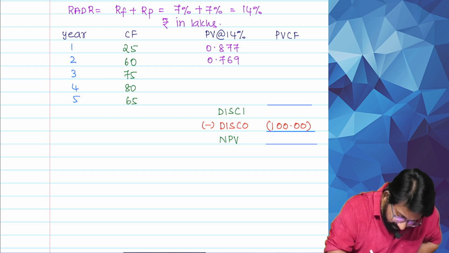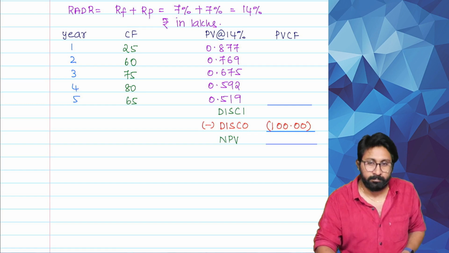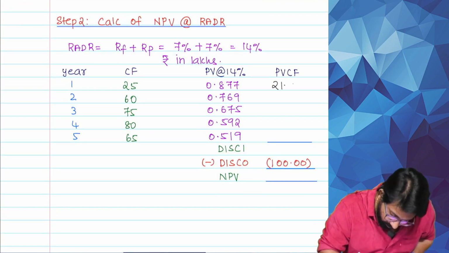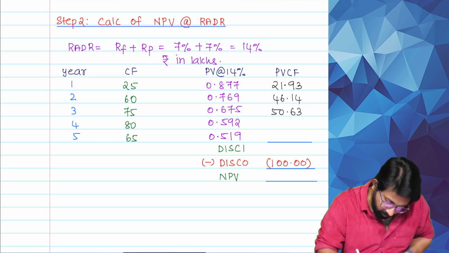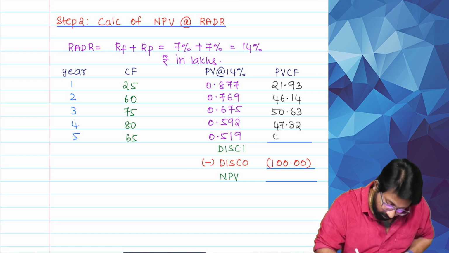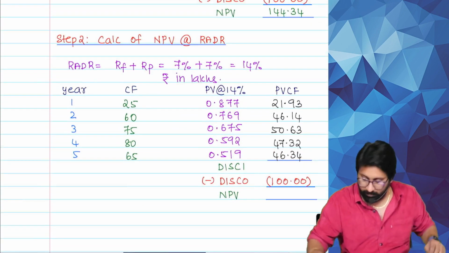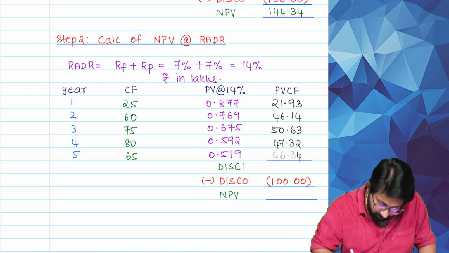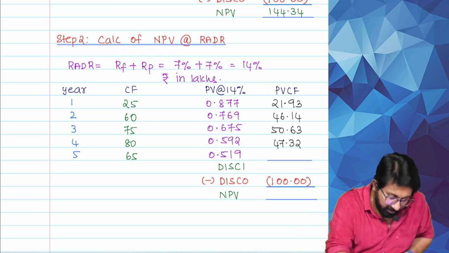8777. Next. First cash flow total. Last one 33.74.